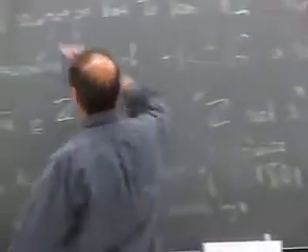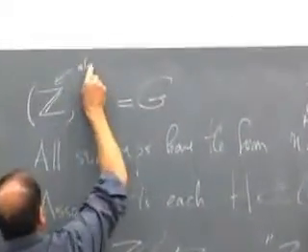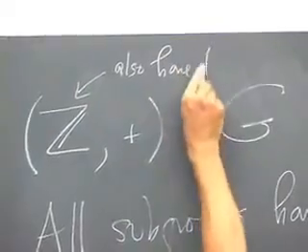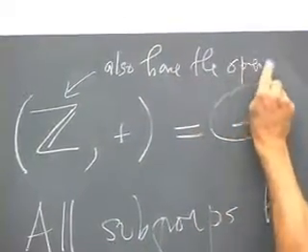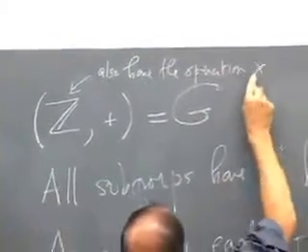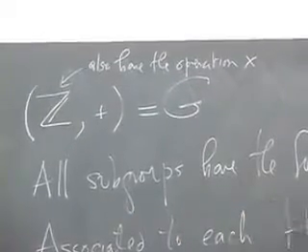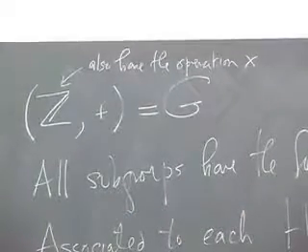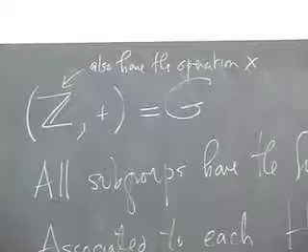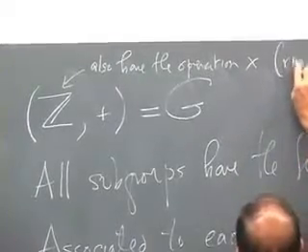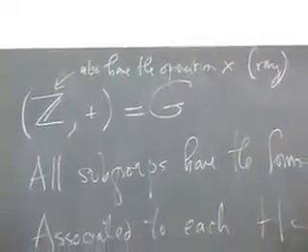So this also has the operation times. And when you have both a group addition and a multiplication structure, and they're suitably compatible, that's what we call a ring.